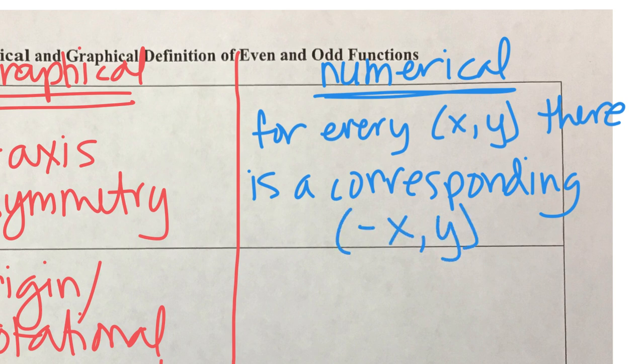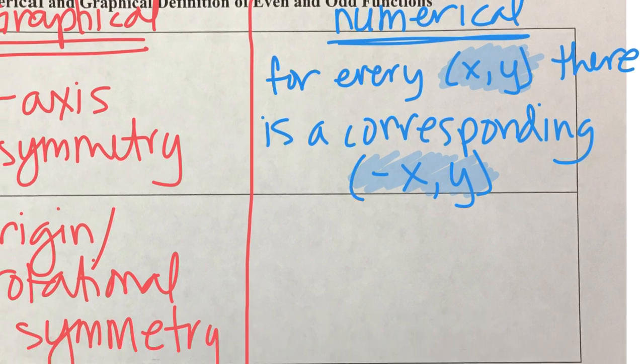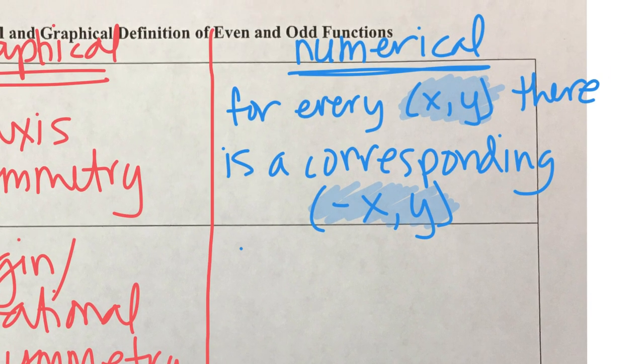So for every (x, y) that we have, for every point on the graph, there is a corresponding -x with the same y value. That is an even function. Now, it takes a little bit more to describe an odd. Actually, no, it doesn't.